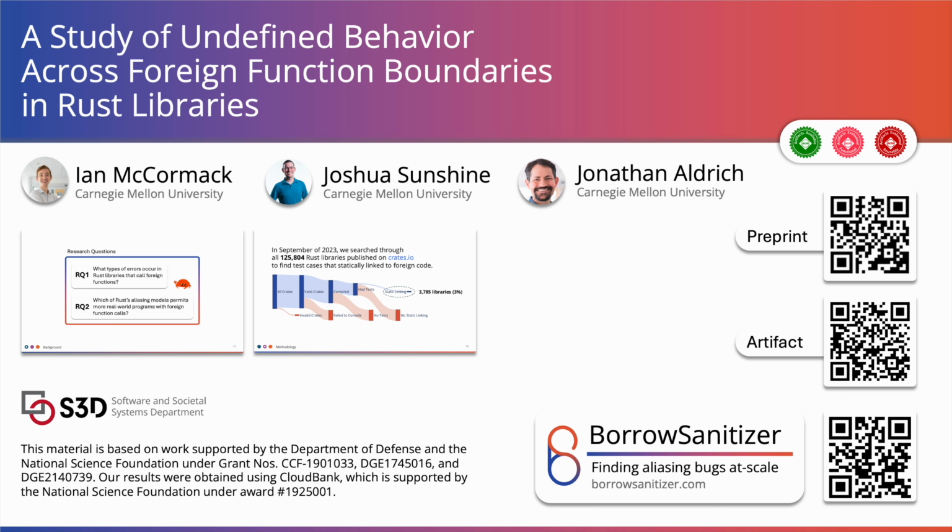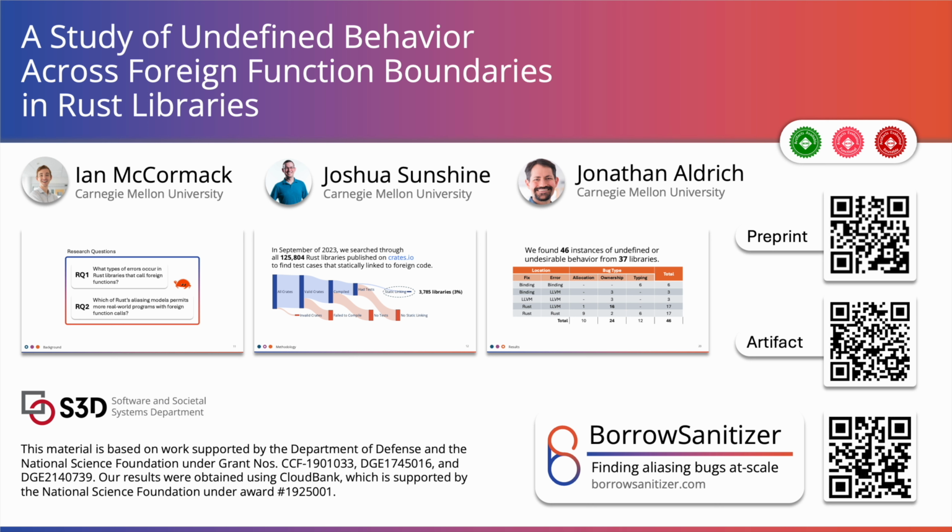We ran these test cases in MiriLLI, a prototype tool that can find aliasing violations across foreign function boundaries. We used our tool to find 46 different instances of undefined or undesirable behavior from 37 libraries, including one that was maintained by the Rust project. In our future work, with Borrow Sanitizer, we'll be creating a production-ready tool for finding these aliasing violations at scale.